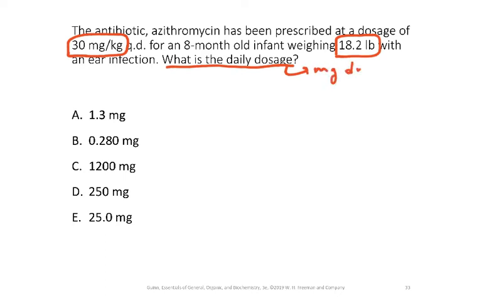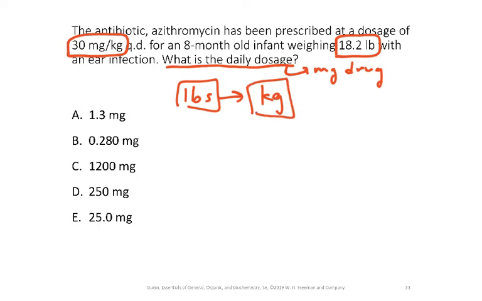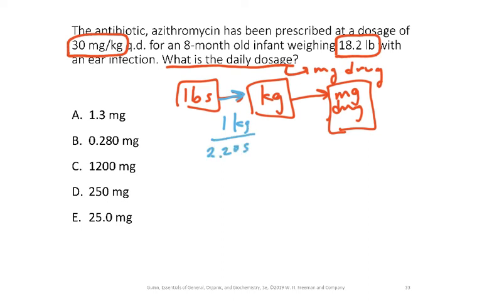I want to know the milligrams of drug. So we can go pounds of body to kilograms of body to milligrams of drug, just like before. Here our conversion factor from pounds to kilograms will be 1 kilogram over 2.205 pounds.